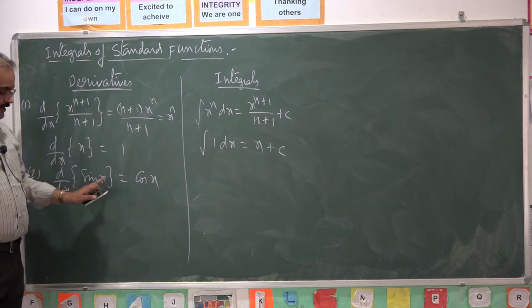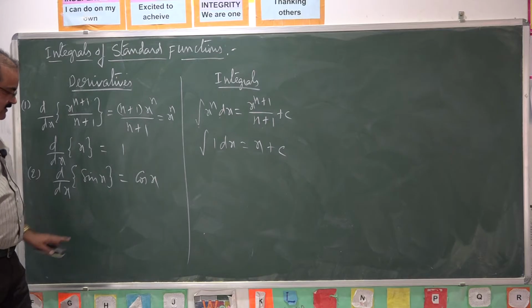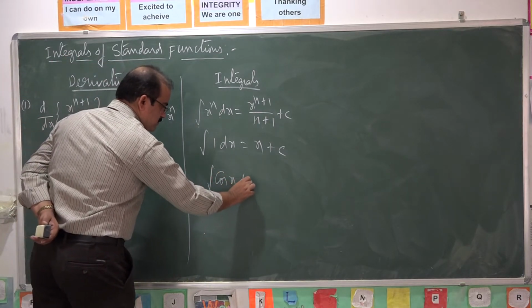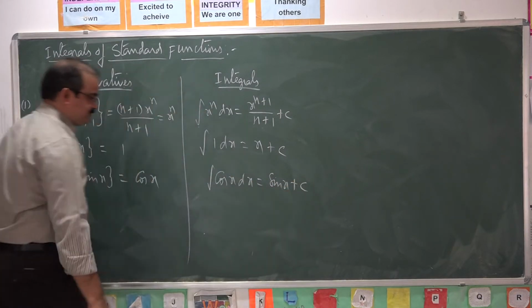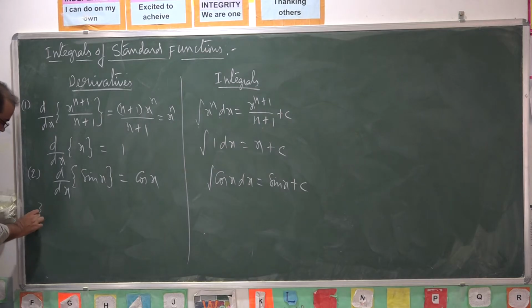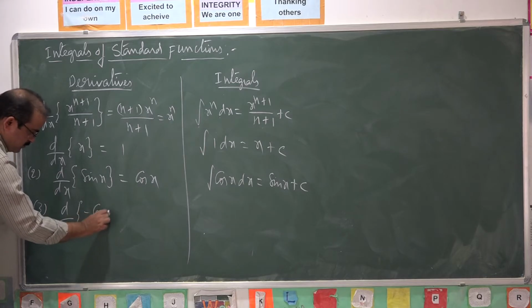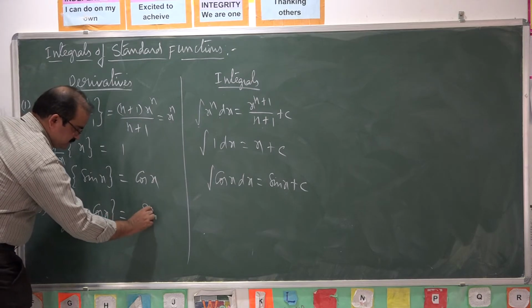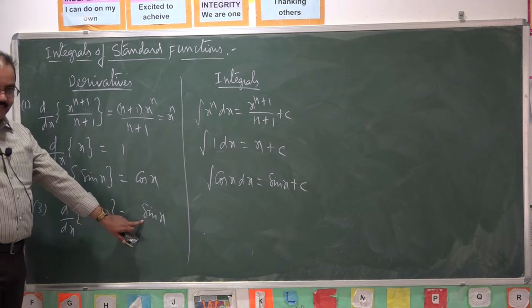Cos x is the derivative of sin x, then sin x is the antiderivative of cos x or integral of cos x, plus c. d by dx of minus cos x, this is sin x. d by dx of cos x is minus sin x.